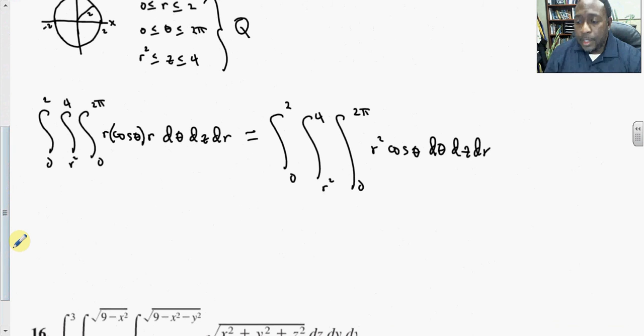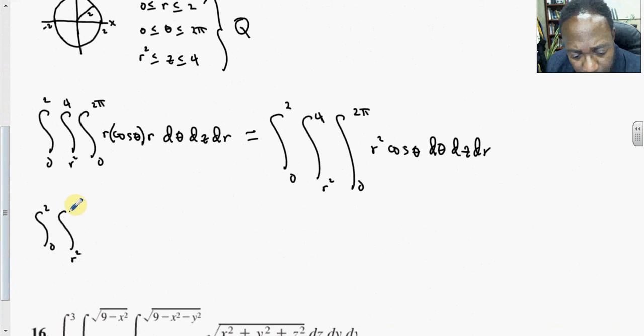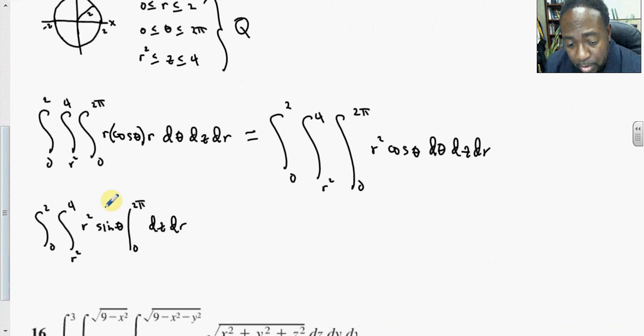Let's integrate with respect to theta. So we have the integral from 0 to 2, the integral from r squared to 4, and this is r squared. We integrate cosine, gives us sine theta, evaluated from 0 to 2 pi, and then we have dz dr. You evaluate sine at 2 pi, that's 0. Then minus sine at 0 is 0. So this is 0.